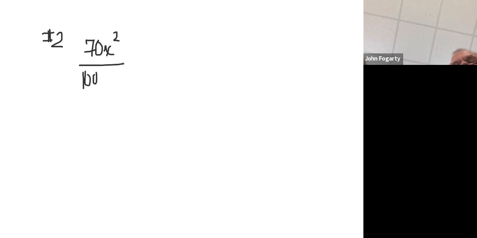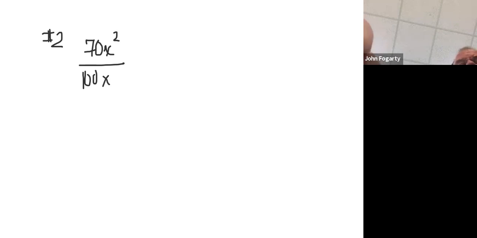Now, number 2 is just like number 1. We got 70x squared over 100x. Well, once again, we have a variable in the denominator, so we have to be careful, because if we end up with a 0 in the denominator, that means it's going to be undefined.